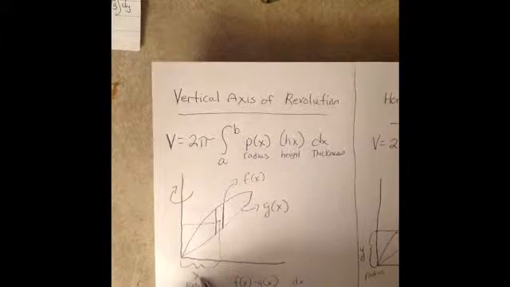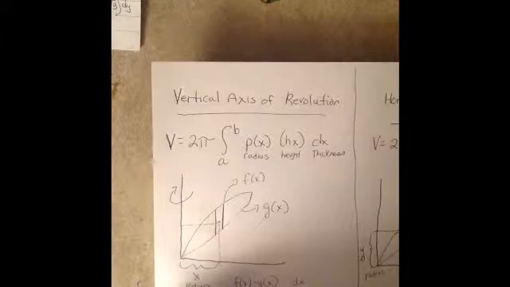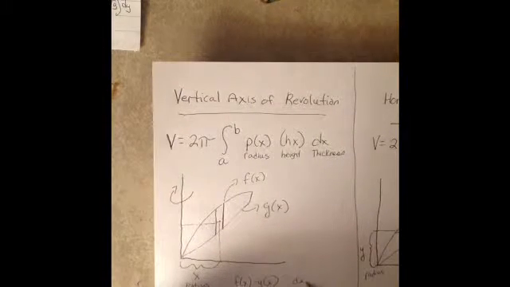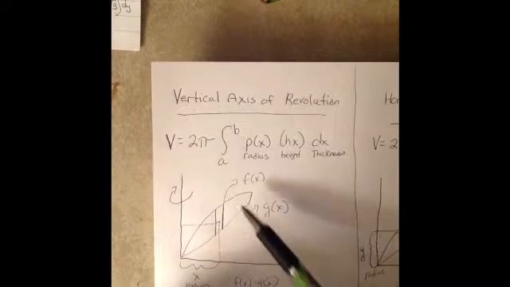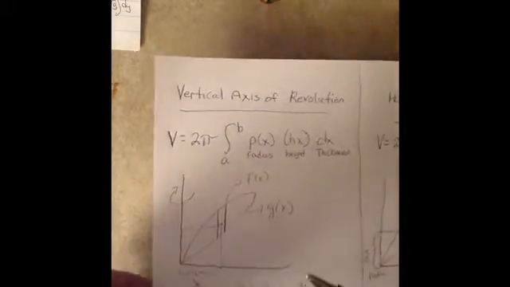So it'll always just be x. The height will be the function f of x minus g of x, and the thickness will just be your d of x. So you're going top to bottom when you're talking about the vertical axis of revolution in the shell method, opposite of the disc method.